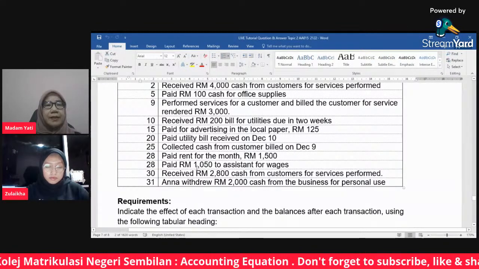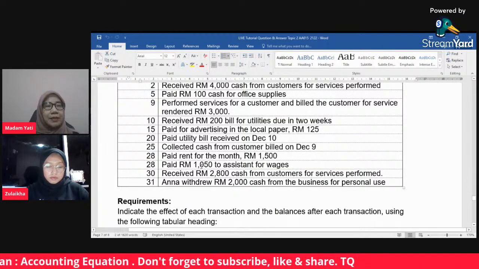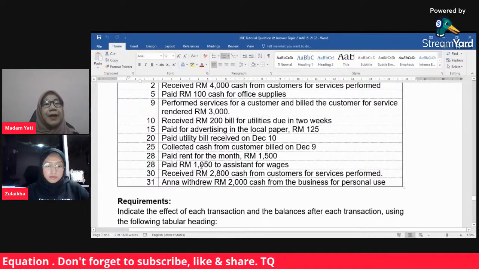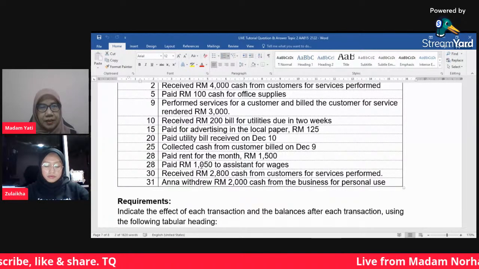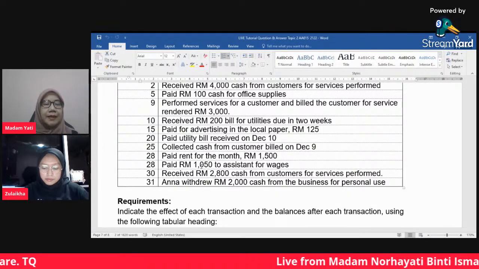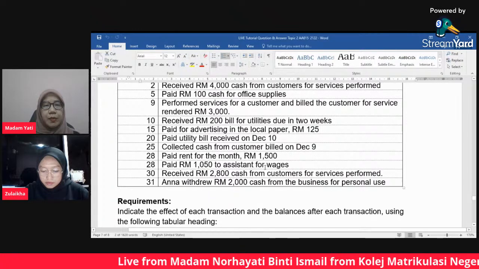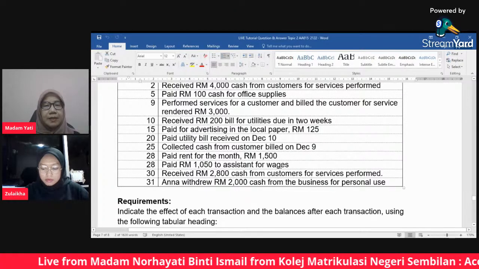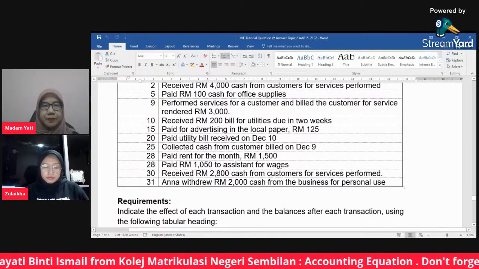So paid cash. So it will decrease in asset in the form of cash. Because we are now doing analysis to identify which category is involved in the transaction, either asset, liabilities or owner's equity. And wages is categorized as owner's equity under expenses.